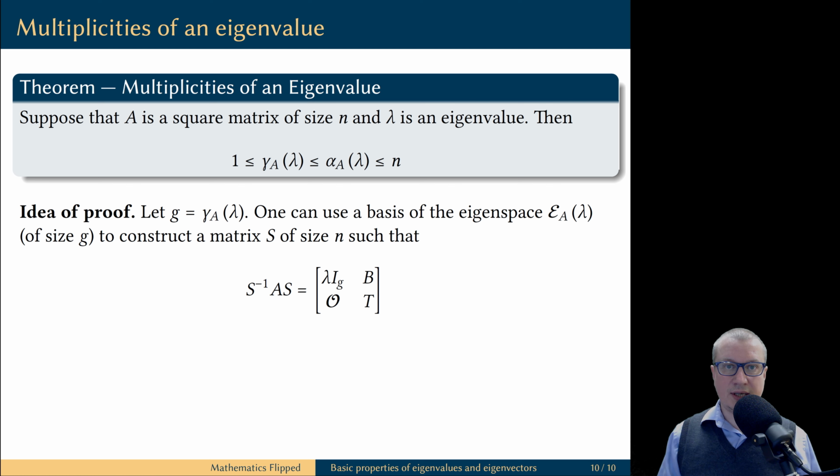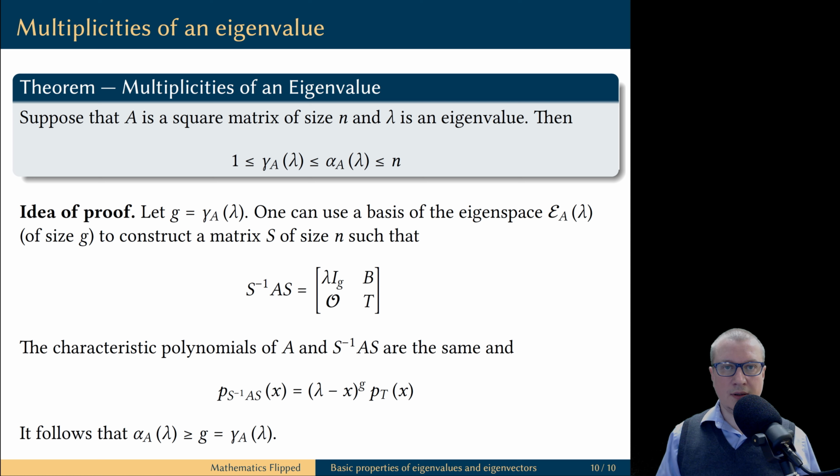Using this basis, it is possible to construct a non-singular matrix S, which has a property that the product S inverse AS has this special form. The characteristic polynomials of the matrices A and S inverse AS are the same. We will prove this in the next video.